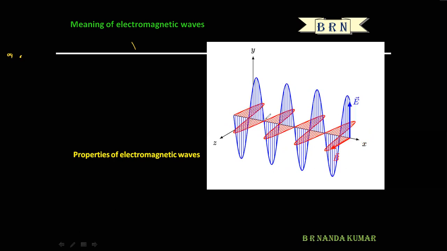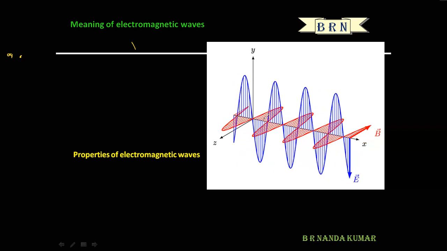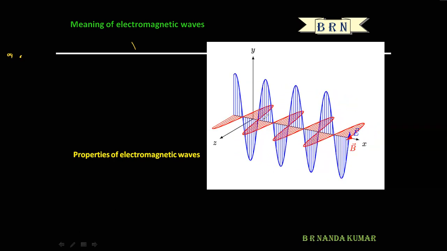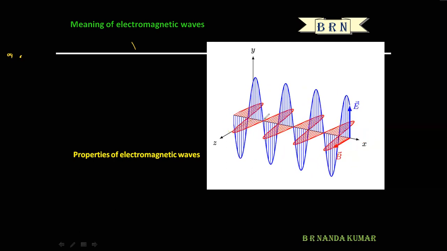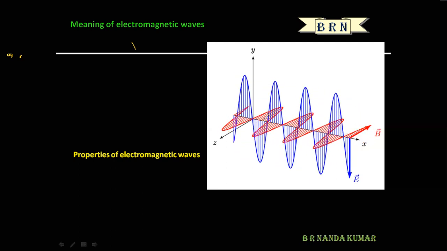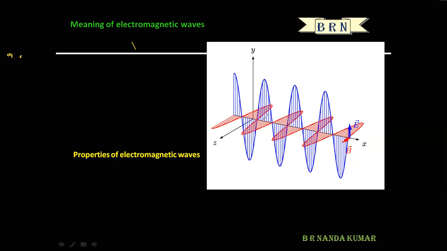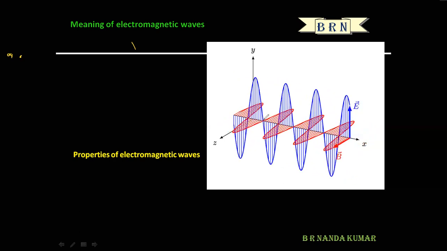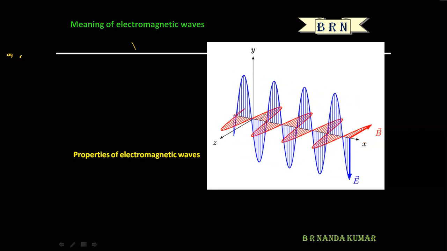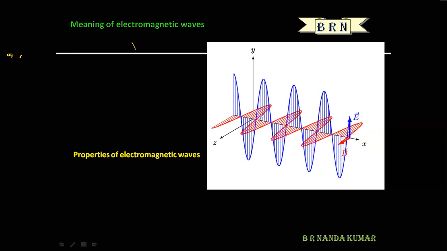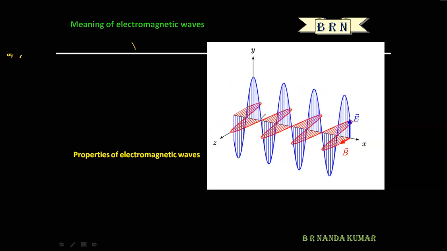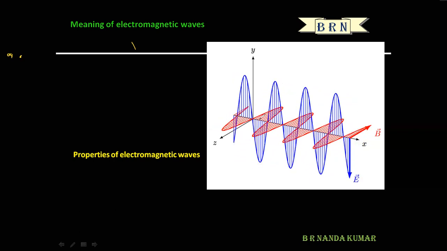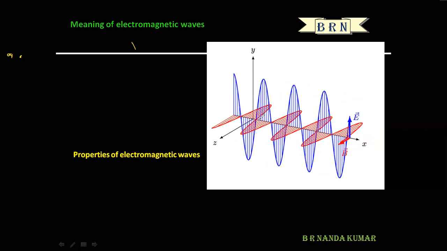The next very important property: electromagnetic waves travel in vacuum with the speed of light. That means the speed of electromagnetic waves is the same as the speed of light.